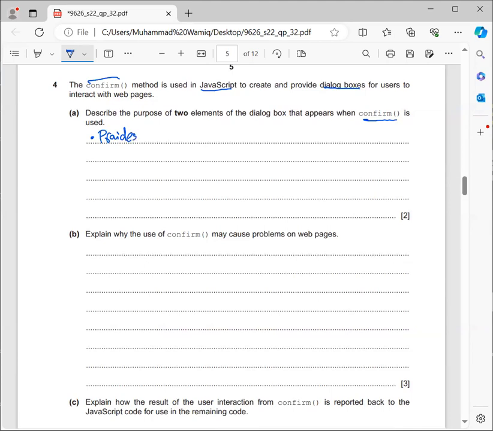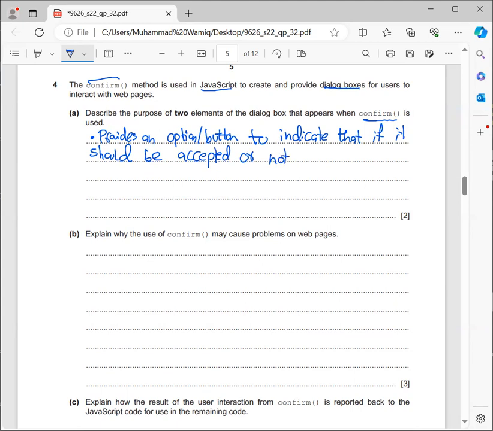it provides an option or any sort of button to indicate that it should be accepted or not by the user.